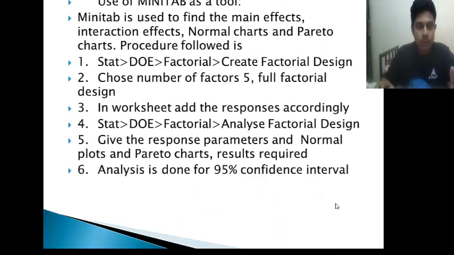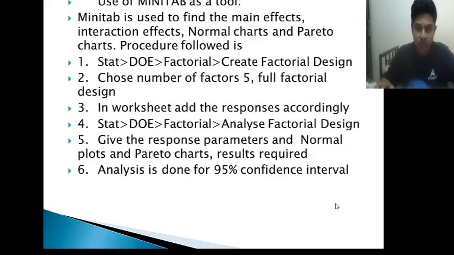This data we use in a tool called Minitab. In this software, we find main effects, normal plots, and Pareto charts for this particular study. The procedure followed is, under Stat, Design of Experiments, Factorial, we create a factorial design.